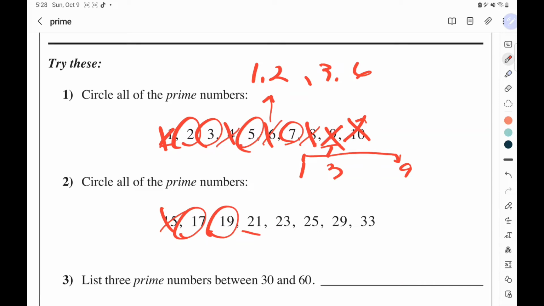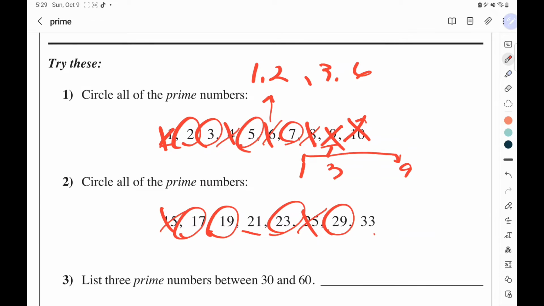19 is a prime number. 21 is not a prime number because it has more than one pair of factors, which are 1 and 21, and 3 and 7. 23 is a prime number because it has only one pair of factors, which is 1 and 23. 25 is not a prime number because it has 1 and 25, and 5. 29 is a prime number because no other numbers multiply to give 29 except 1 and 29. 33 is not a prime number because you can divide 33 by 3 and also by 11.